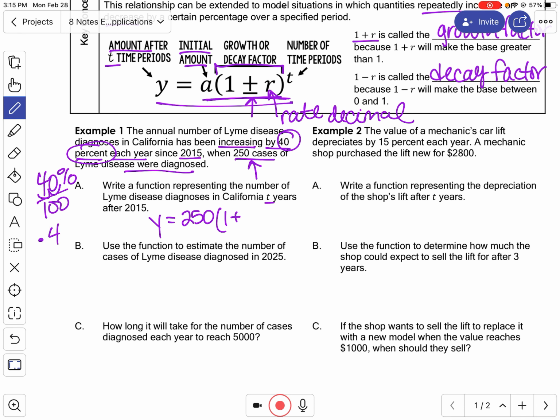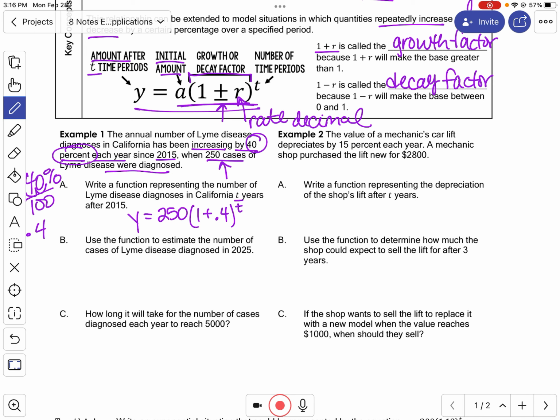So 0.4 would be your rate. And then we're raising it to the t power, which in this case we don't know what that is. I can go ahead and add my growth factor here. So I'm going to write this as y equals 250 times 1.4 raised to the t power. So there's my function, and then we're going to use that in order to answer some questions.